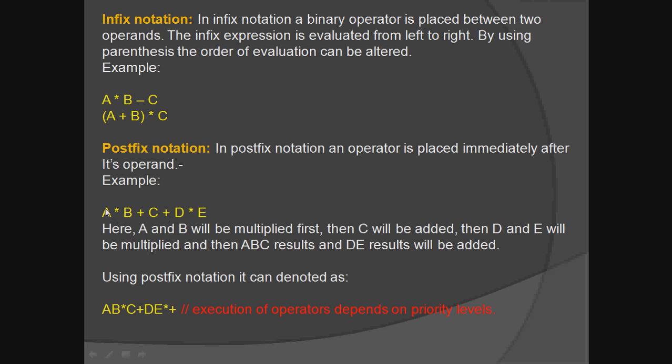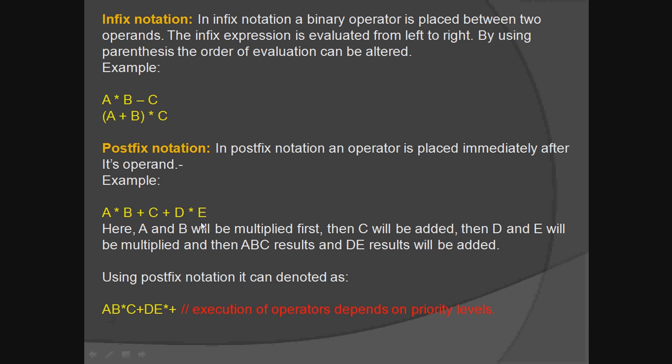Since here is addition and this is multiplication, first d into e will be multiplied, and then the value obtained from a b c will be added with it. Then you will get the result. Clear? Using postfix notation, we can represent it like this.